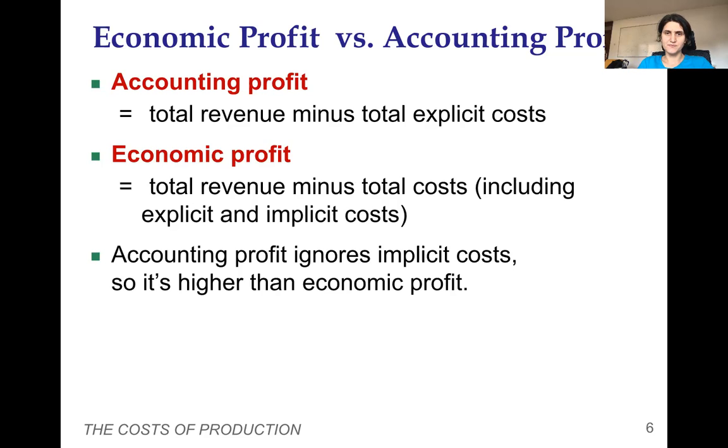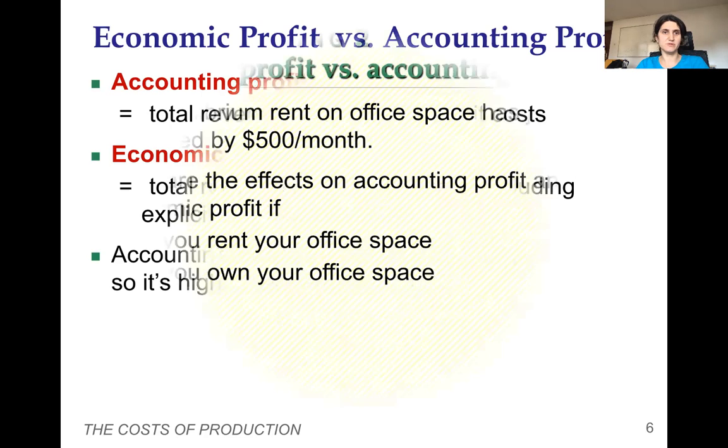Accounting costs are lower than economic costs because economic cost has both explicit and implicit cost, but accounting cost only has the explicit cost. This makes accounting profit higher than economic profit.